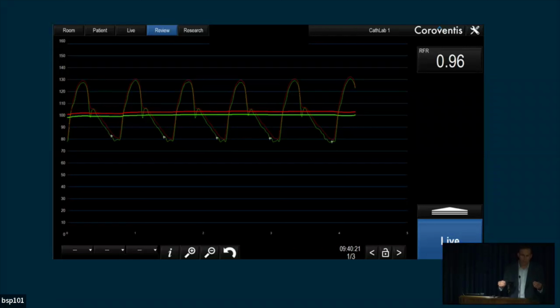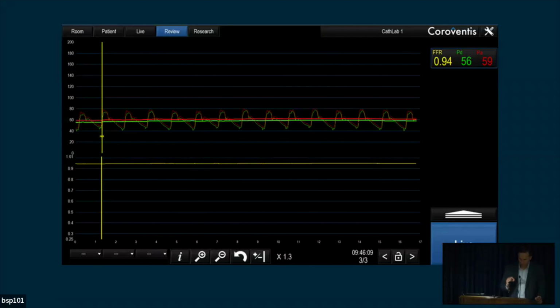Abnormal is less than 0.89. So we just confirmed what we saw visually, that there was no obstructive disease in the coronaries. And then really to labor the point, FFR was performed also in the cath lab during this procedure, meaning adenosine was given, and again, epicardial, there was no evidence of any obstructive disease.